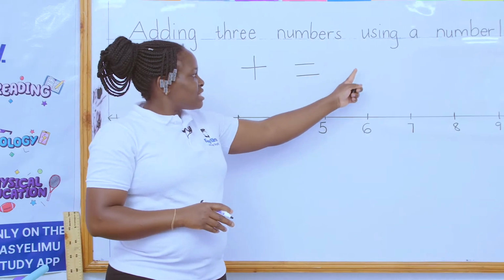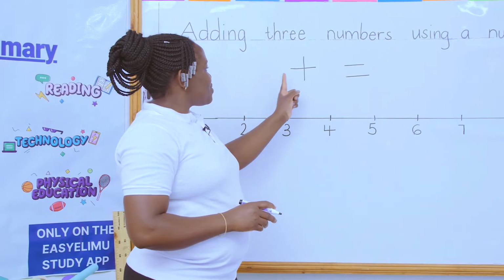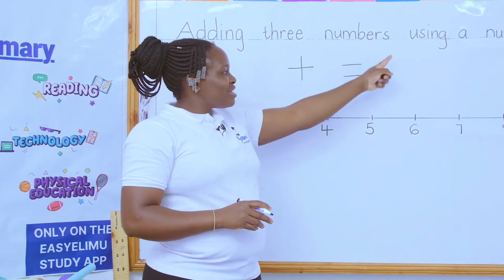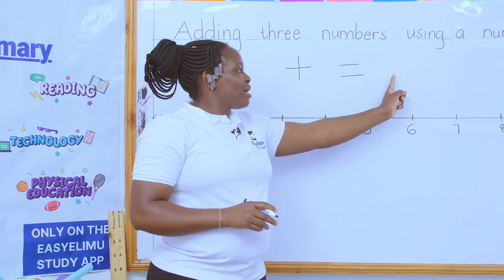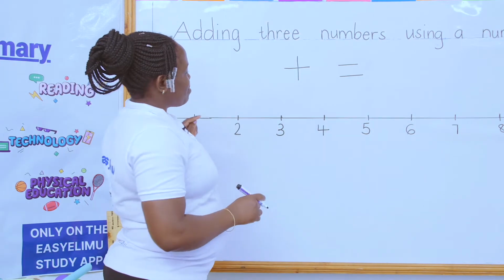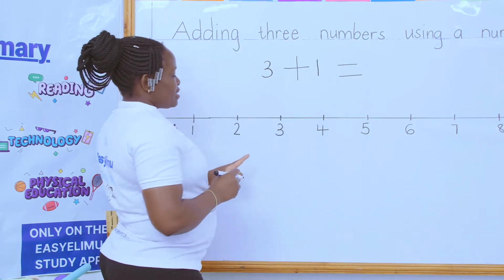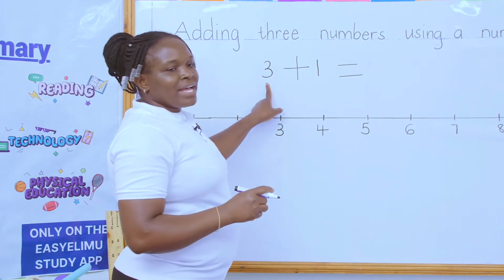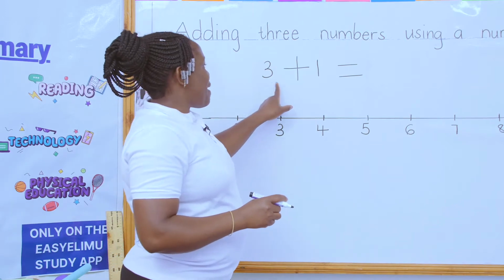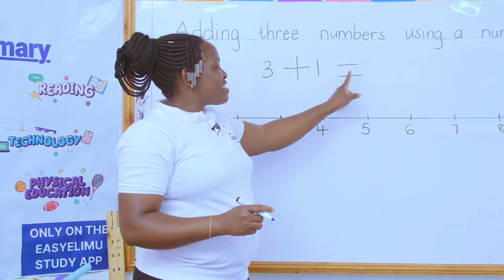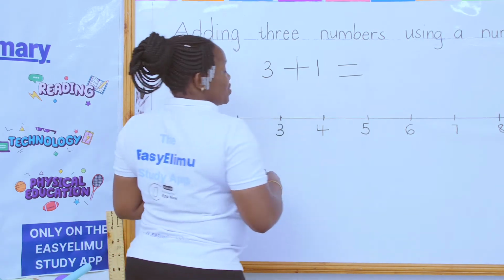Equals to gives the sum, meaning the numbers on this side should be equal to the answer on this side. For example, if I have a 3 and a 1, my addition sentence will be 3 plus 1 equals to. Now, which method should I use?